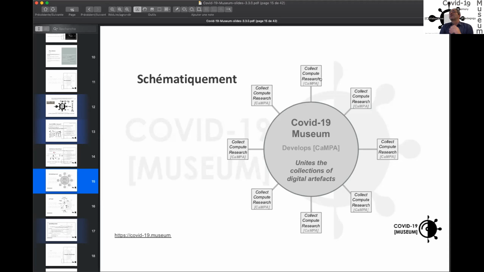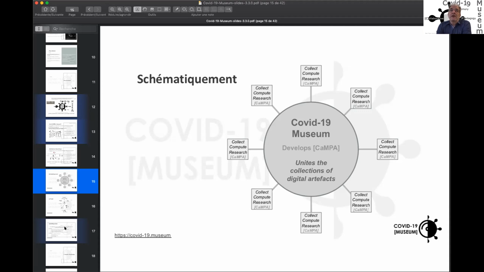Finally, if researchers install the COMPA, they can access the data and ask inside the COVID-19 museum for some processing of the data in order to retrieve information.